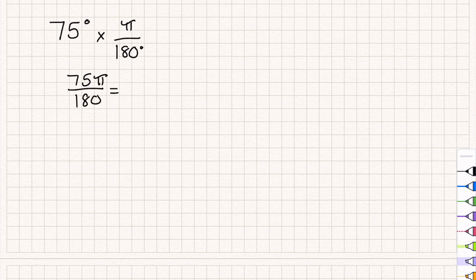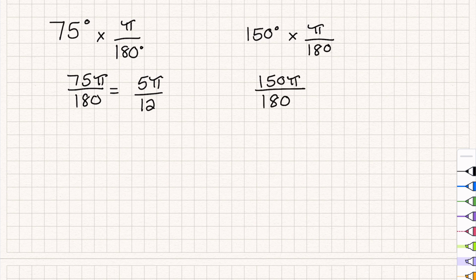When we reduce it, we're left with 5 pi over 12. Now what if I had 150 degrees? So 150 degrees times pi over 180 would be 150 pi over 180, which we reduce to 5 pi over 6.